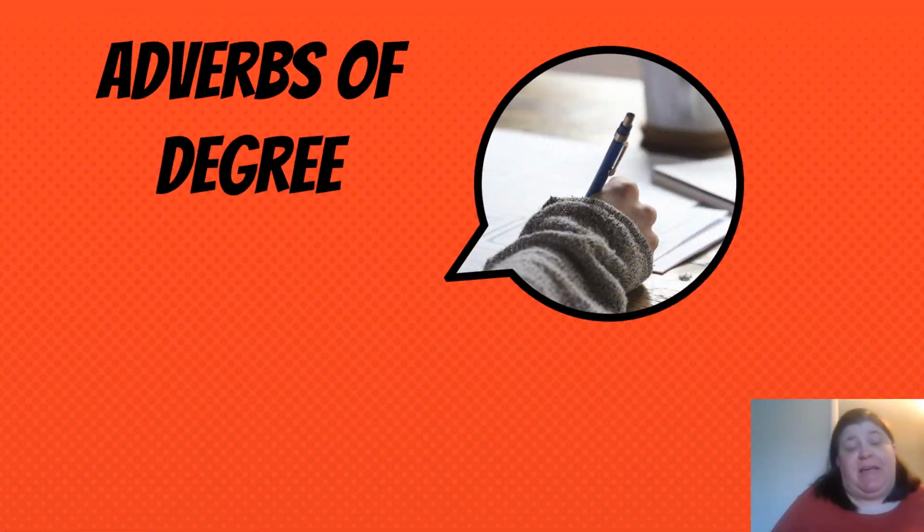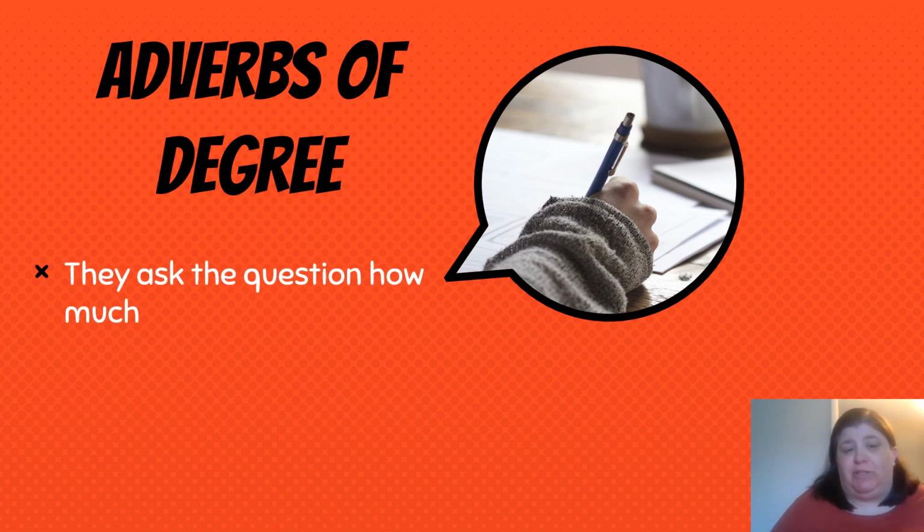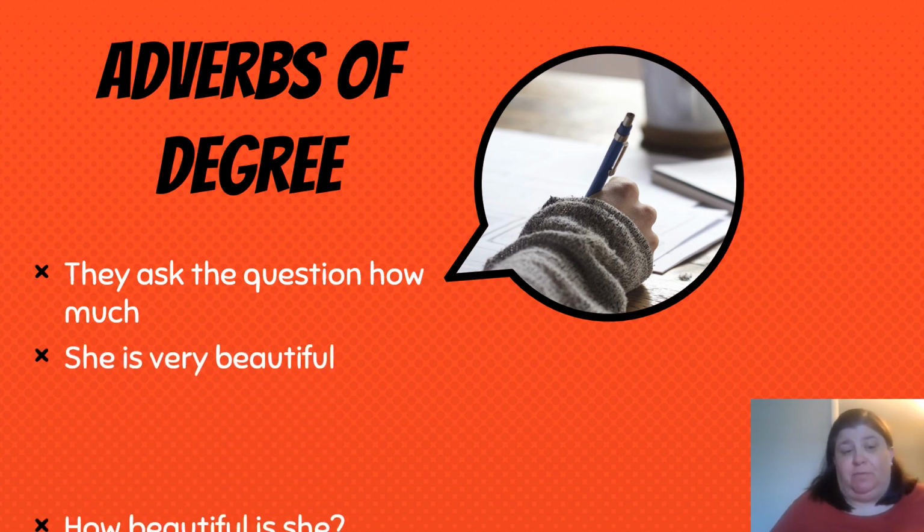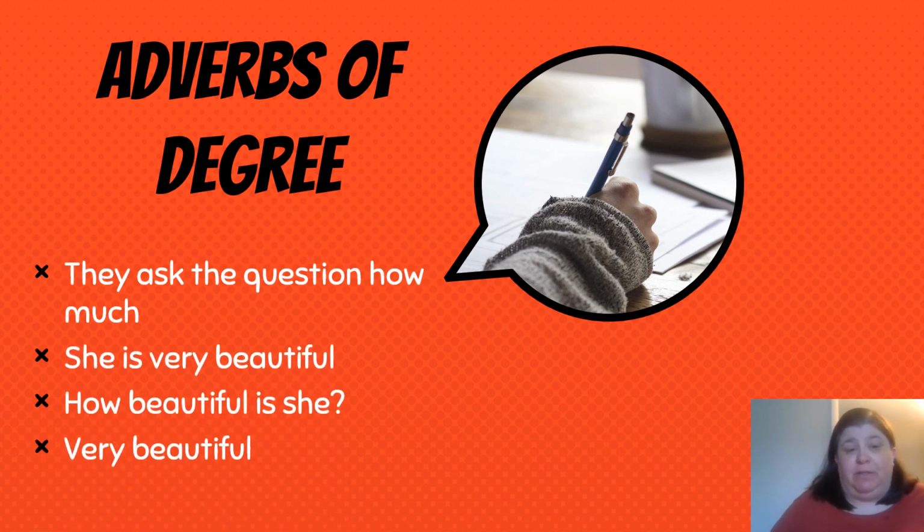So now we're going to look at adverbs of degree. And they ask the question, how much? Like, she is very beautiful. Well, how beautiful is she? She's very beautiful. Some other words that you might use would be like entirely.